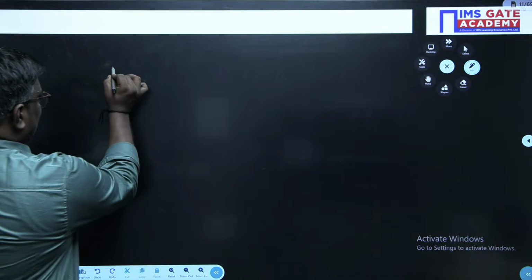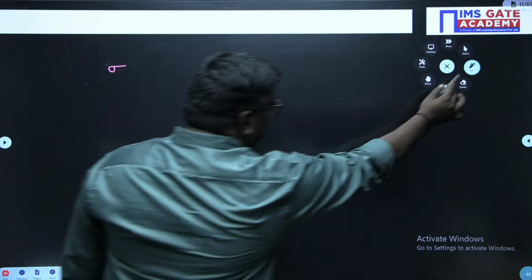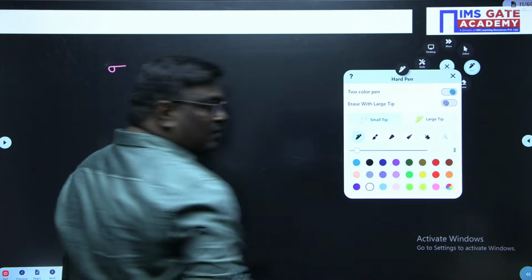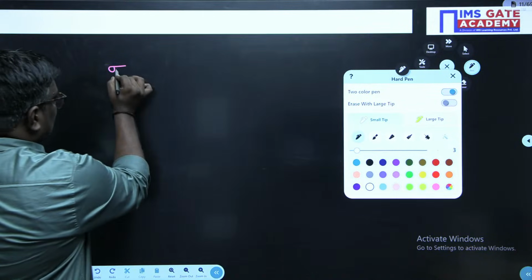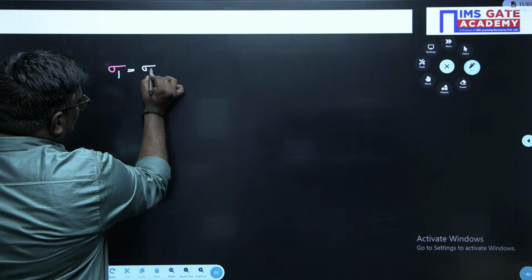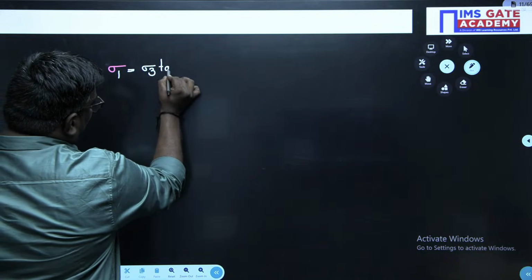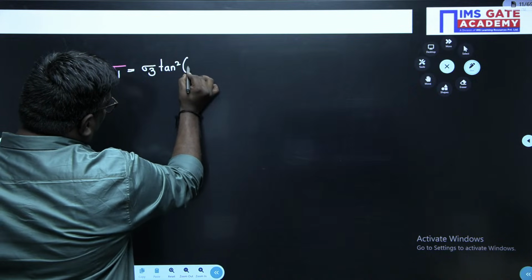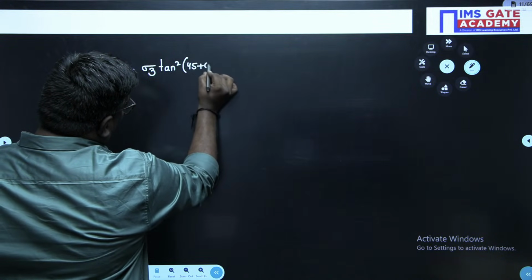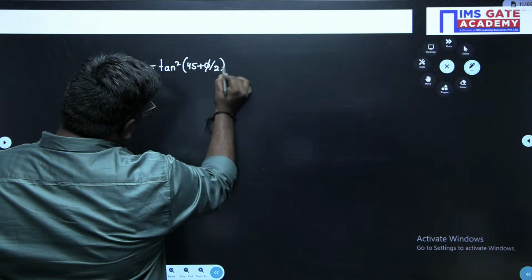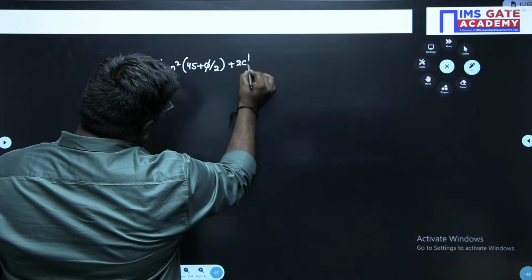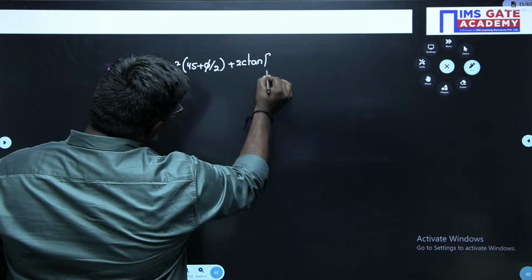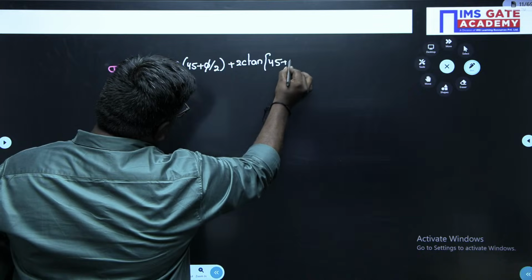So in this, when I talk about plastic equilibrium condition, my dear students, we have sigma 1 is equal to sigma 3 tan square (45 plus phi by 2) plus 2c tan (45 plus phi by 2).